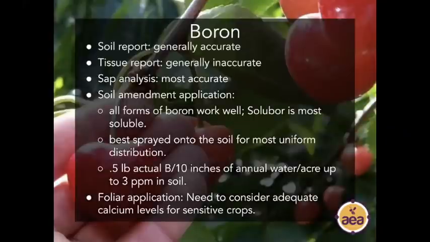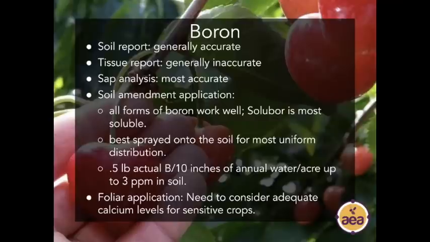Looking at each of these minerals one-on-one, starting with boron, I wanted to provide an overview of how we see the different lab reports correlating with actual field results. We find that soil analyses are generally accurate, and that tissue analyses are generally inaccurate, and the inaccuracy can vary depending on the speed of plant growth.